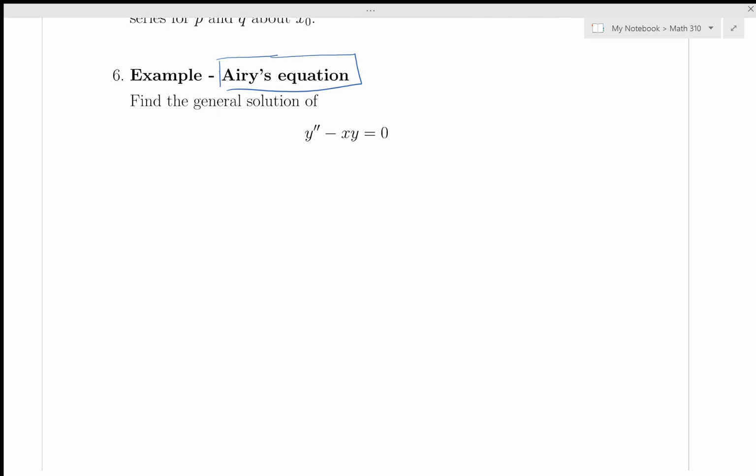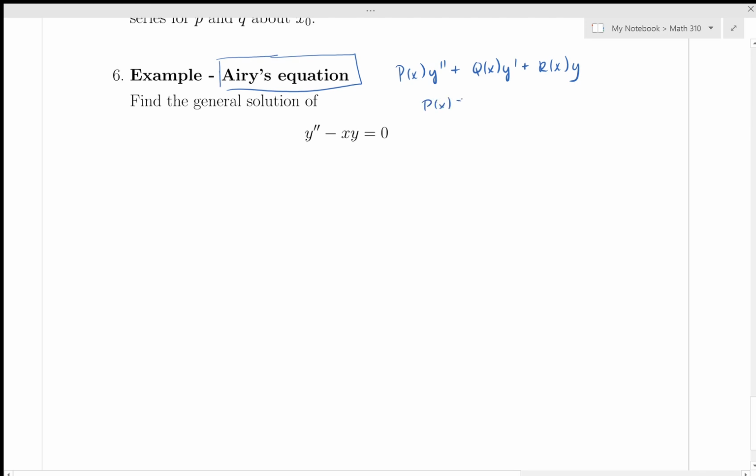Okay, we can take a look if we were to put this equation into the format that looks like this: p of x y double prime plus q of x y prime plus r of x y, and look at what functions we've got. We've got very simple functions.